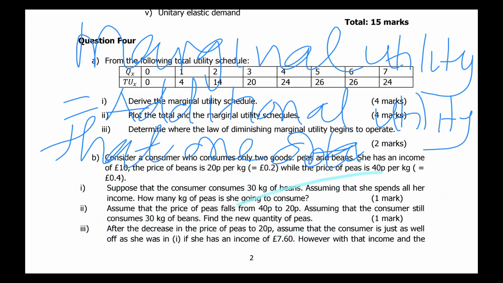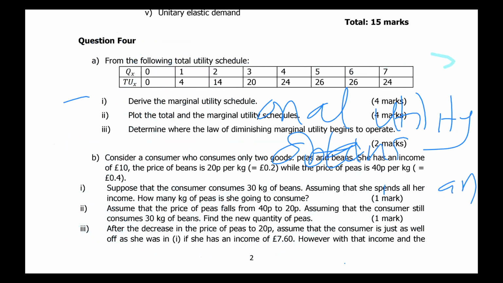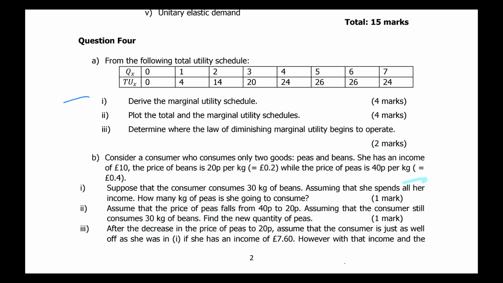So let's give an example. Let's say you're consuming some mangoes, right? You have 10 mangoes to consume. Before you start consuming, you have that desire at maximum, you really want to consume because you haven't started consuming.